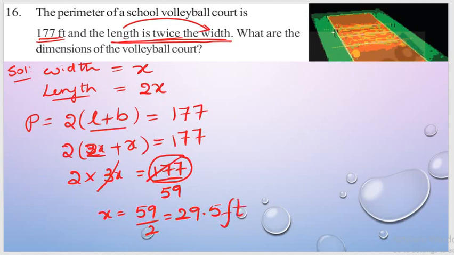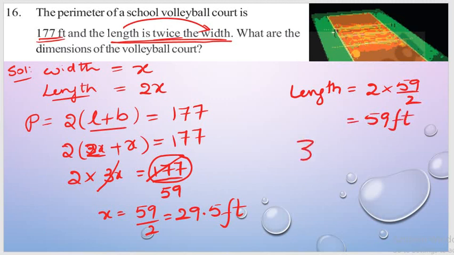So x is equal to 29.5 feet. Then automatically the length is 2 into 59 by 2, which gives me 59 feet. So the breadth is 29.5 feet. These are the length and breadth of this particular volleyball court, right?